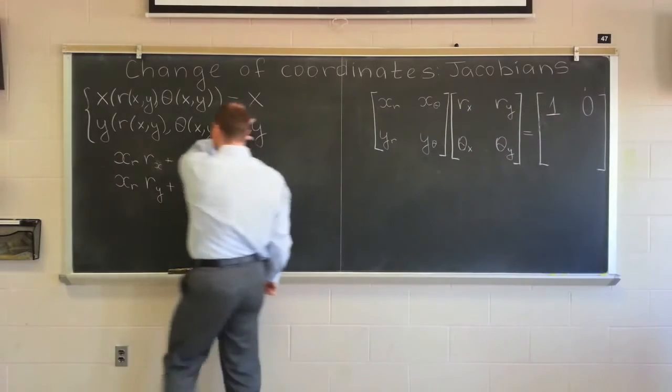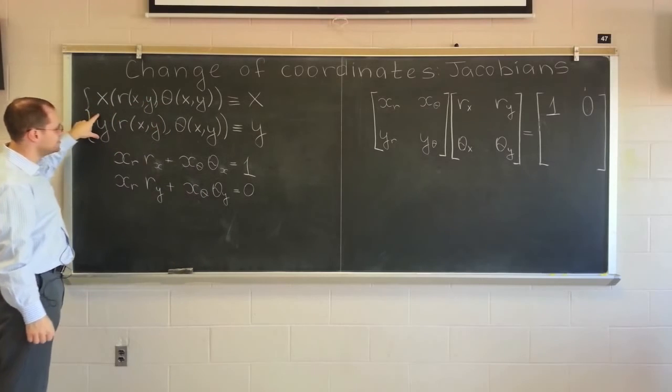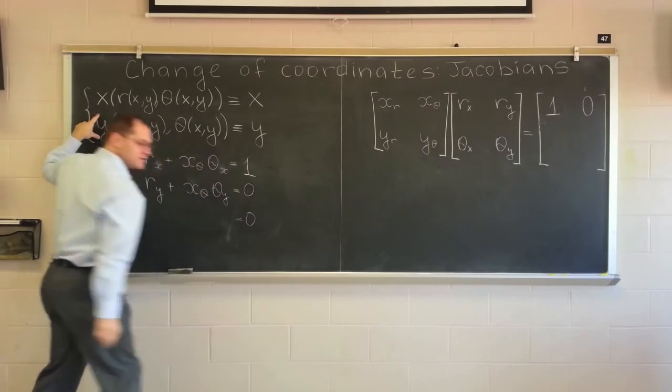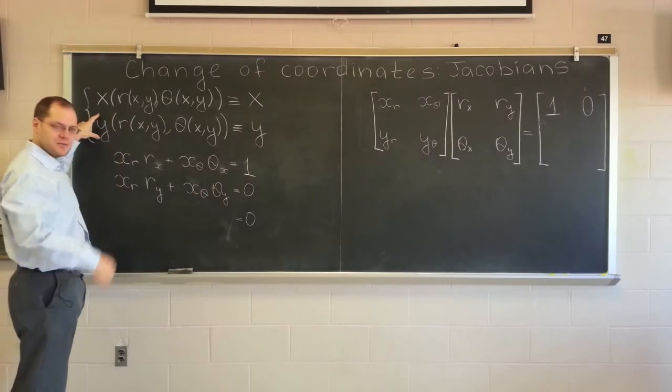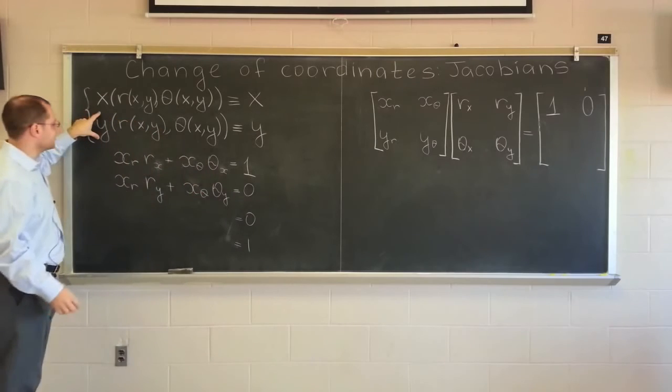The other two, the second line, comes from differentiating this identity. So let's differentiate this identity first with respect to x, giving us 0 on the right-hand side, and then with respect to y, which will give us 1 on the right-hand side.